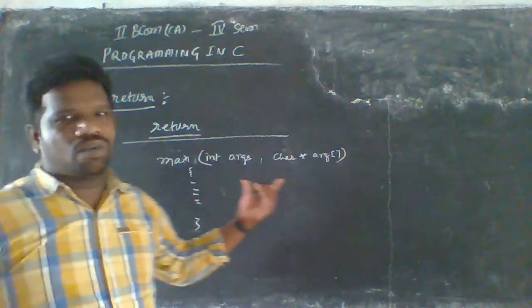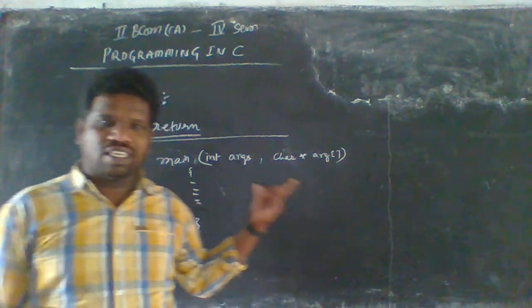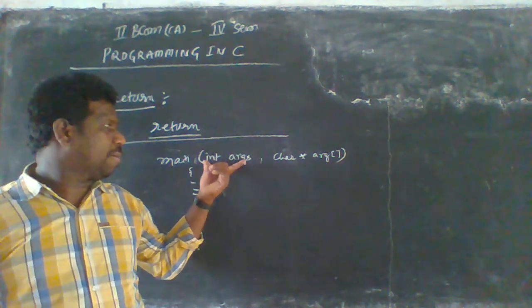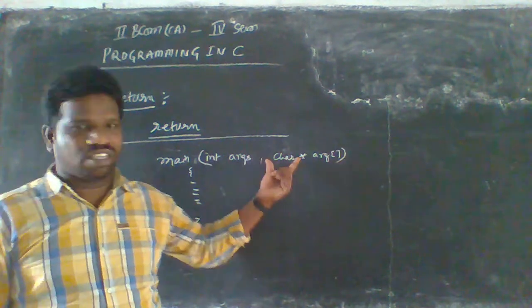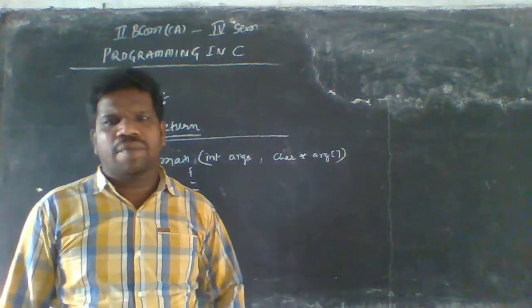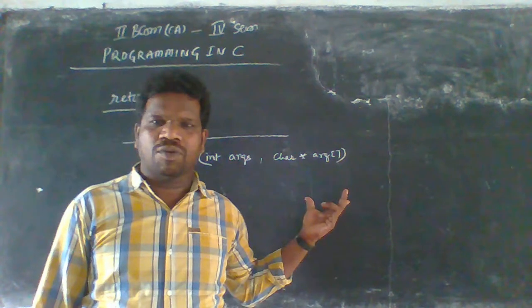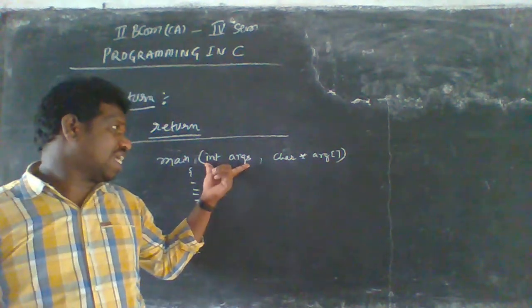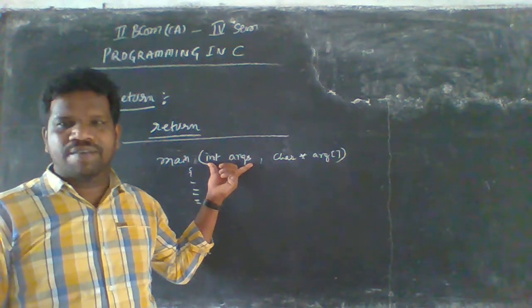In the Java language we write public static void main, with String args in the brackets, as part of the Java programming language. When we come to the C language, this is the actual definition of the C main function.